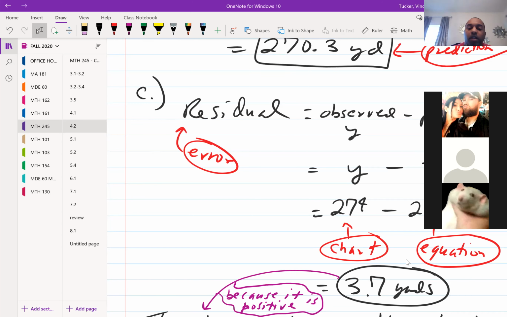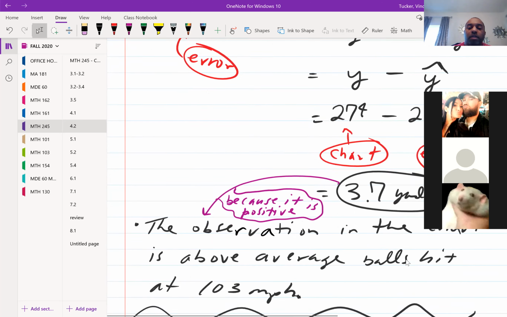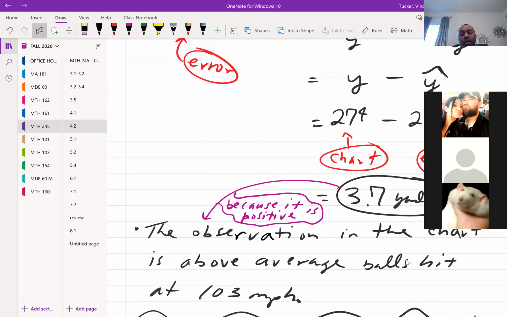All right, so what does that mean? The observation in the chart is above average for balls hit at 103 miles per hour. It's above average because it is positive. Now, if it was negative, then you would say it's below the average for balls hit at 103 miles per hour.